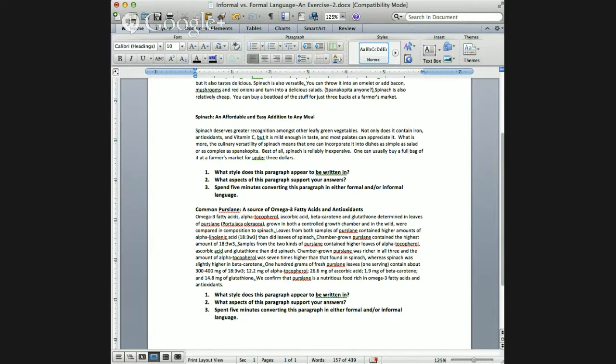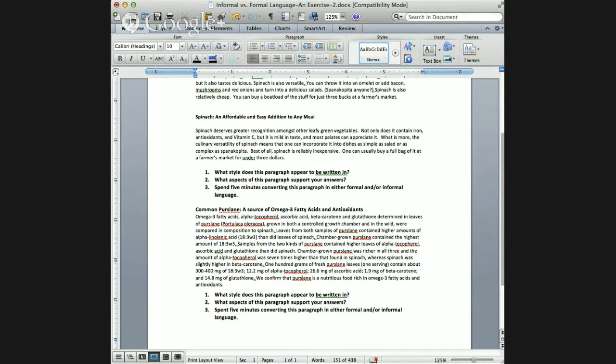Actually, I'm going to edit this here in front of you and say, but it is mild in taste, and most palates can appreciate it. So rather than saying that it's like delicious, I'm a bit more specific about it here, and I'm speaking a little less from a personal place of like, it's so good, but more talking about the taste.